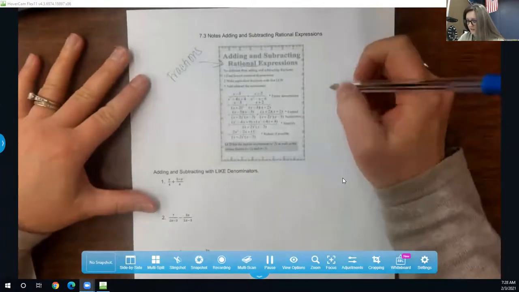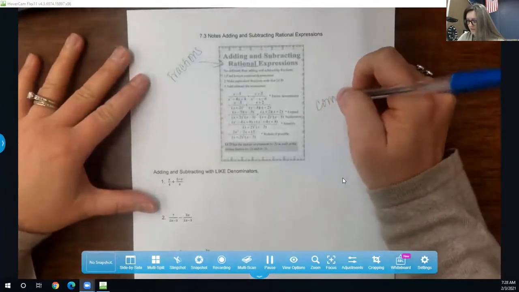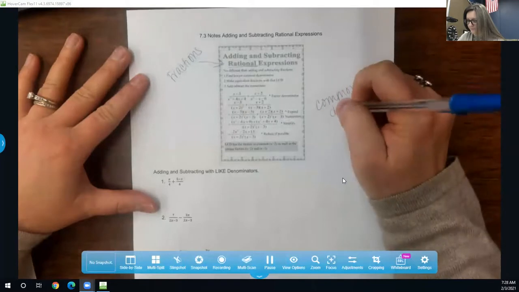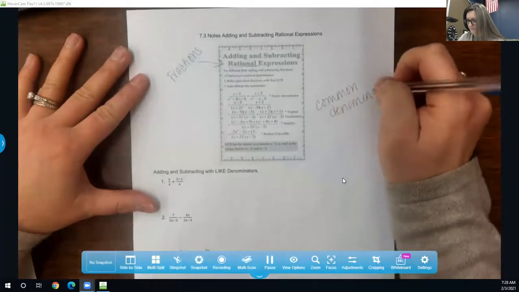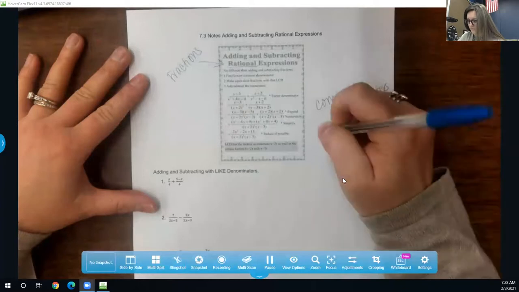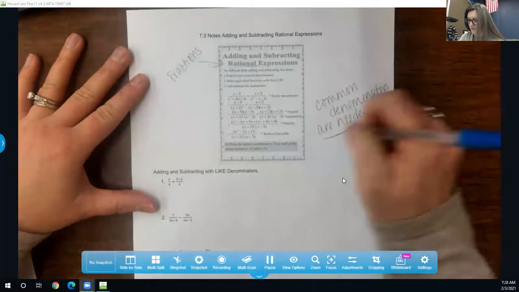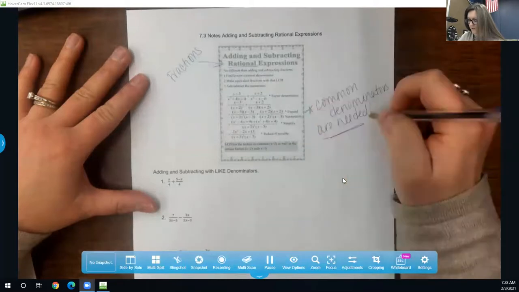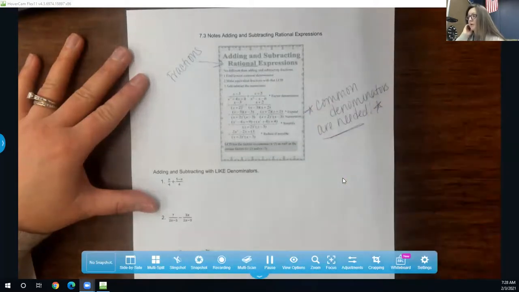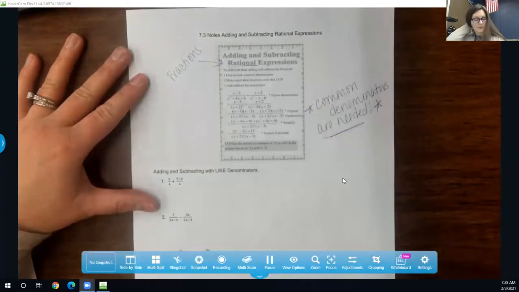You need common denominators, right? So that's our key strategy here, is that we need to make sure that we have common denominators in the fractions. That way we can add or subtract.